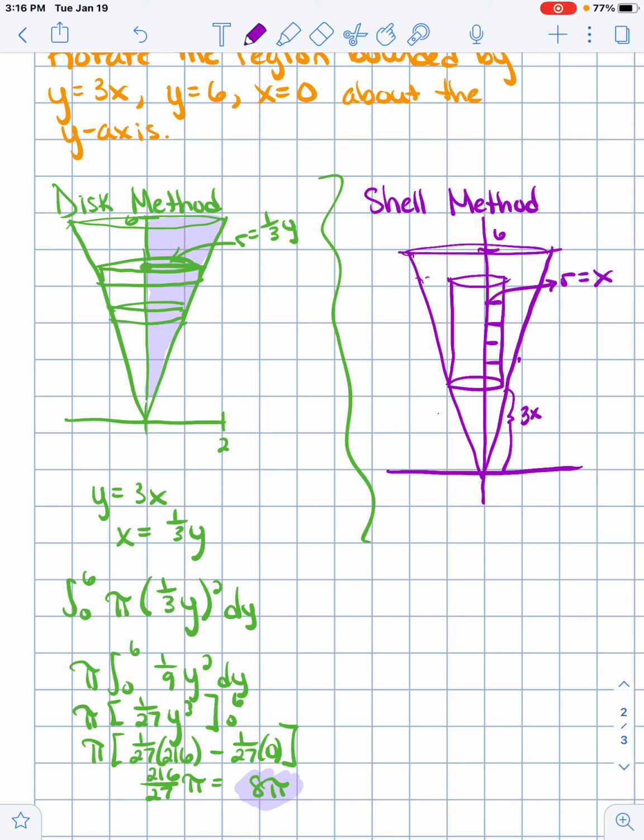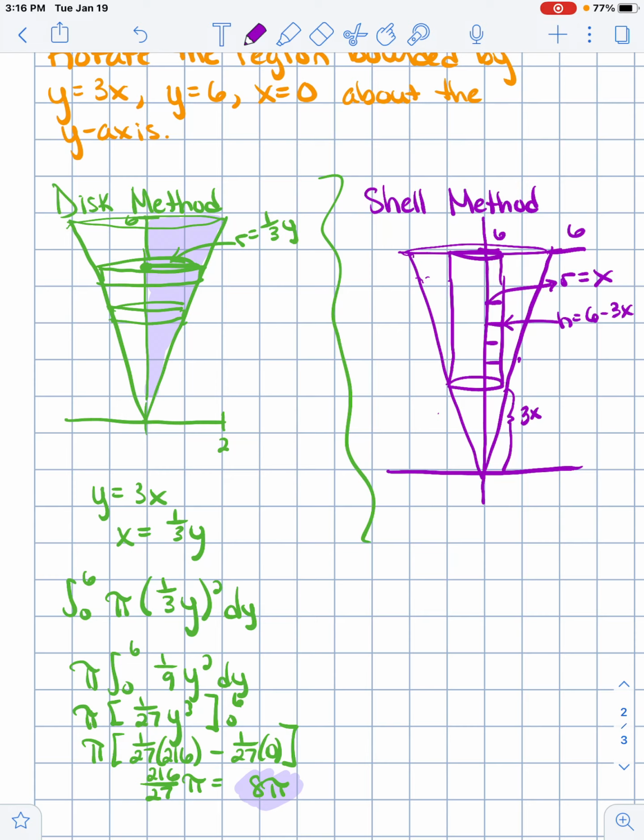And I know that this is a horrible picture because I didn't go all the way up with my cylinder. So let me try it again. And I know that this whole height from the x-axis all the way up is 6. So now I know that the height of my cylinder is going to be 6 minus 3x.